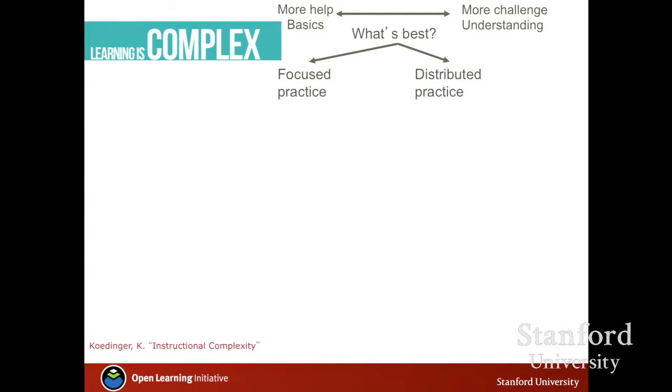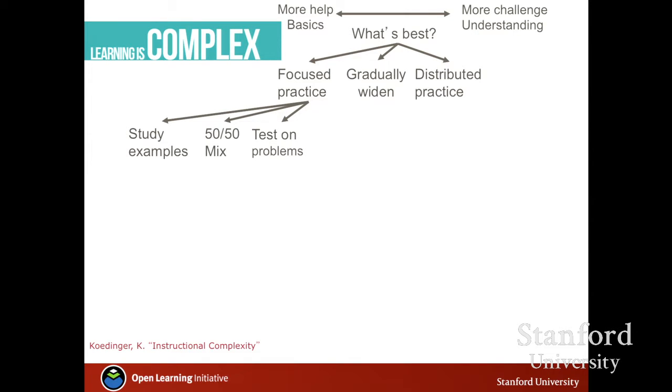Let's say you say, I'm going to give them more help with the basics. Then I have to decide, how am I going to give them help? Am I going to give them focused practice, distributed practice, gradually widen the practice? So I have to make that choice. Once I decide I'm going to give them focused practice with the basics, then what kind of practice am I going to give them? Am I going to give them worked examples to study? Am I going to give them problems to solve? Am I going to do some kind of interleaved blend? And so on.